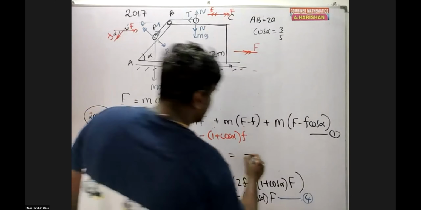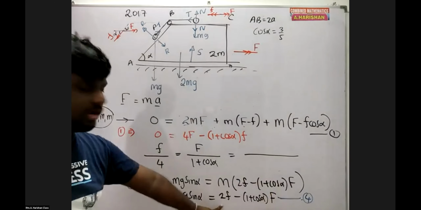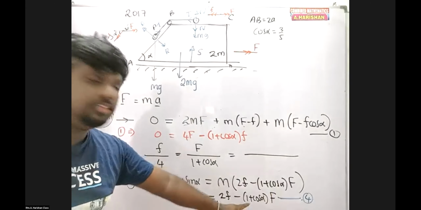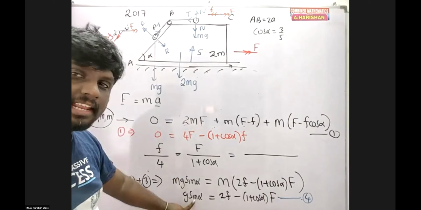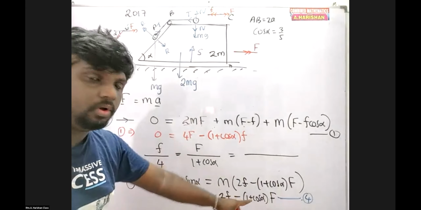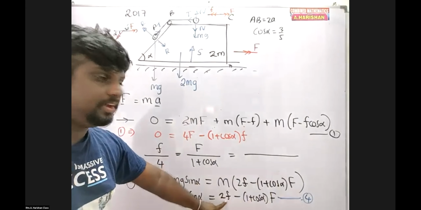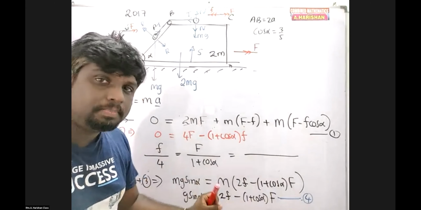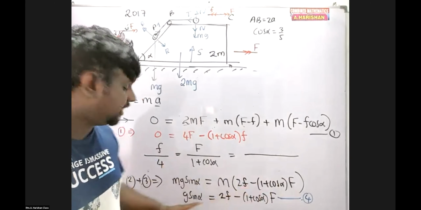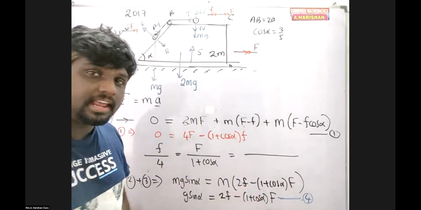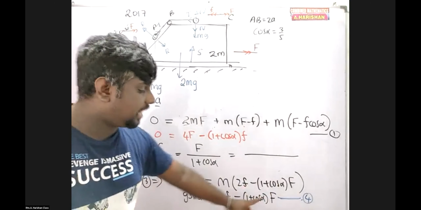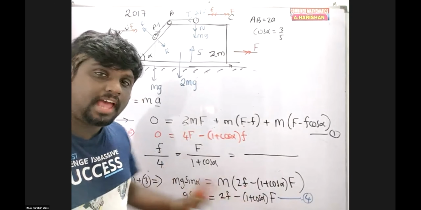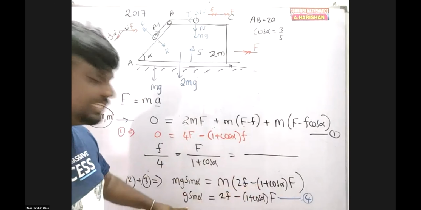It says 2f minus 1 plus cos alpha into capital F can be substituted by g sin alpha. We talk with the equation 4. It says 2 into simple f minus 1 plus cos alpha into capital F will be g sin alpha. That means, in other words, if you multiply simple f by 2 and capital F by 1 plus cos alpha, and if you subtract, you can put g sin alpha.